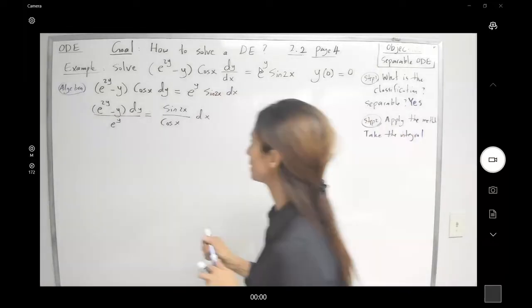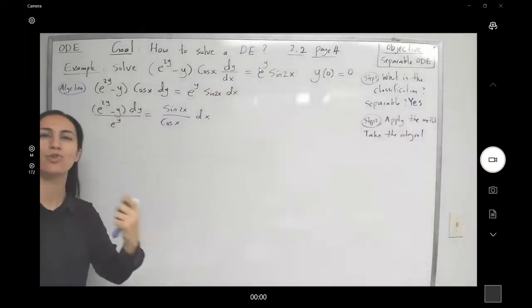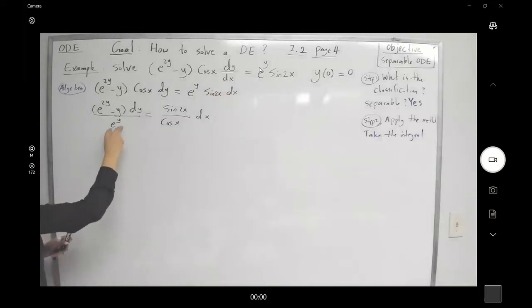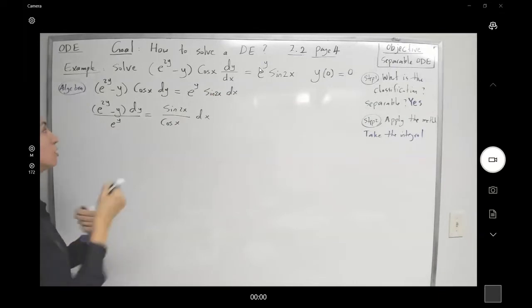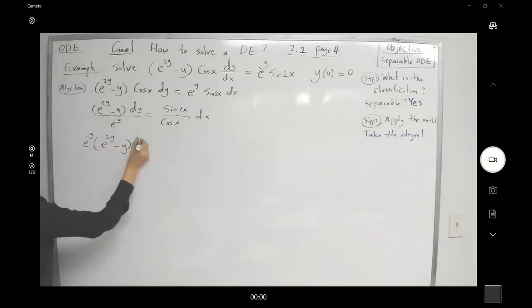Well, to take the integral of both sides, before taking the integral, let us try to simplify this as much as we can. You have e to the y. Let us bring it to the numerator and write it as e to negative y, multiplied by e to 2y minus y dy.